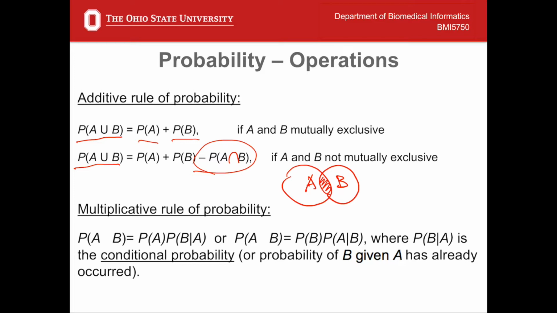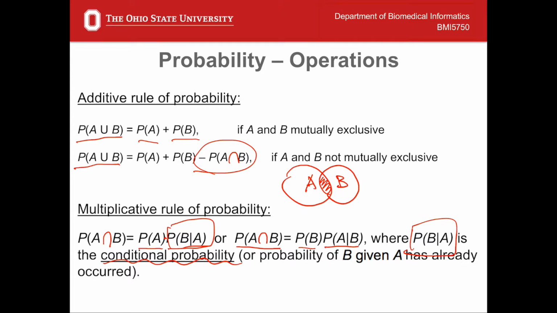Another operation is the multiplicative rule of probability. Here, probability B given A is called conditional probability, or we say it is the probability of B given A has already occurred.